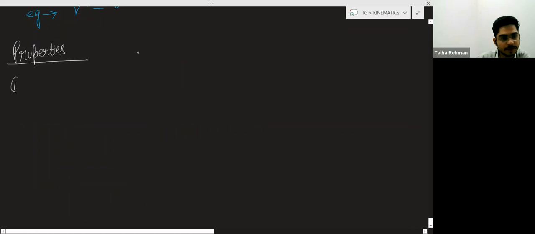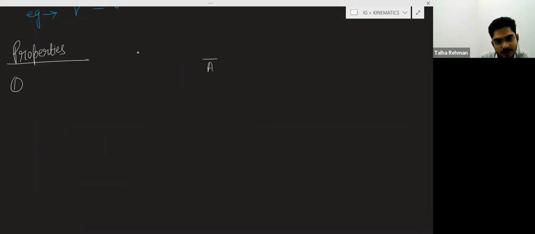Basically, the first property of cross product. I have told you that in the case of the dot product, a dot b is equal to b dot a. But in the case of cross product, this is not possible.